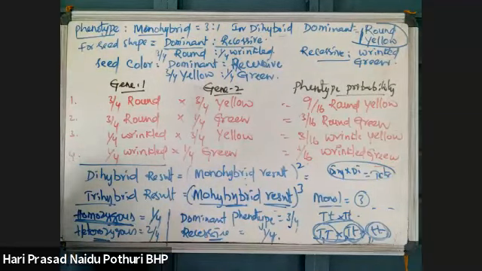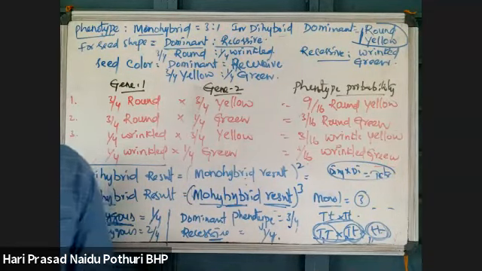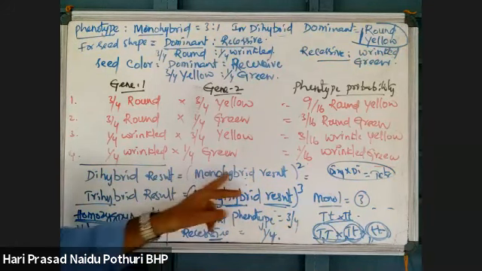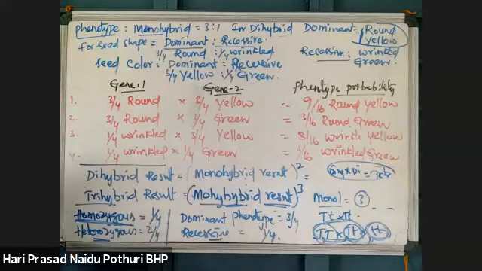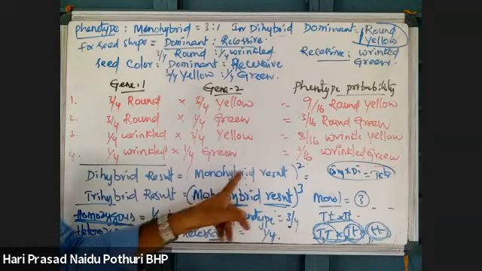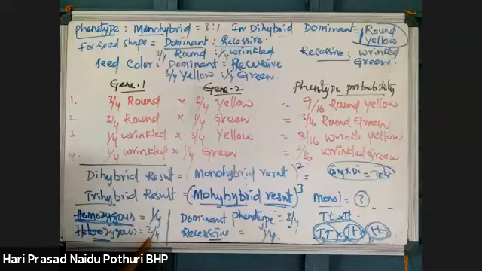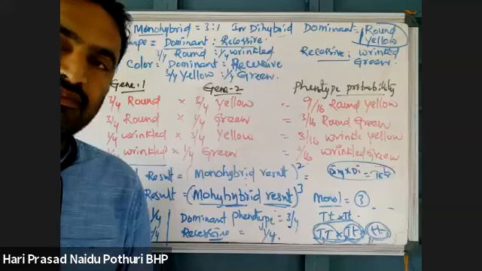Similarly 1 by 4 is monohybrid, dihybrid is 1 by 4 square. Heterozygous means 2 by 4; 2 by 4 square gives dihybrid result, 2 by 4 cube gives trihybrid result.